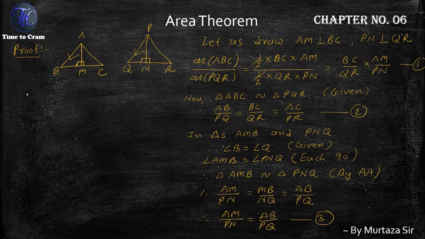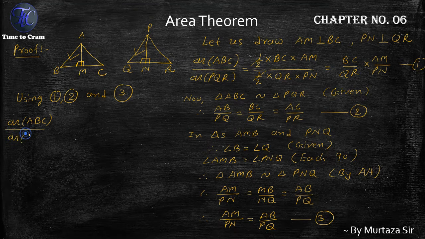So using results 1, 2 and 3, we can write area of ABC upon area of PQR is equal to, in place of BC upon QR, AB upon PQ, and in place of AM upon PN, using result number 3, again AB upon PQ, which is equal to (AB upon PQ) whole square.